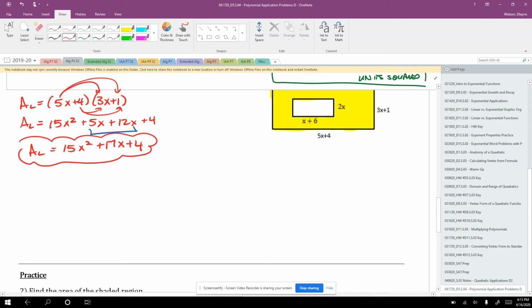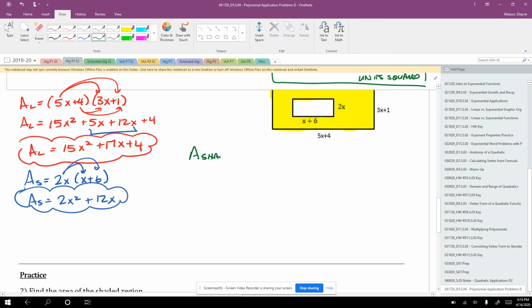Okay, that's step 1. Let's go to step 2, which is the area of the small. So it's going to be 2x times x plus 6. Distribute, say 2x squared, distribute again, plus 12x. And finally, the shaded region is going to be the area of the large less the area of the small, or the area of the large minus the area of the small.